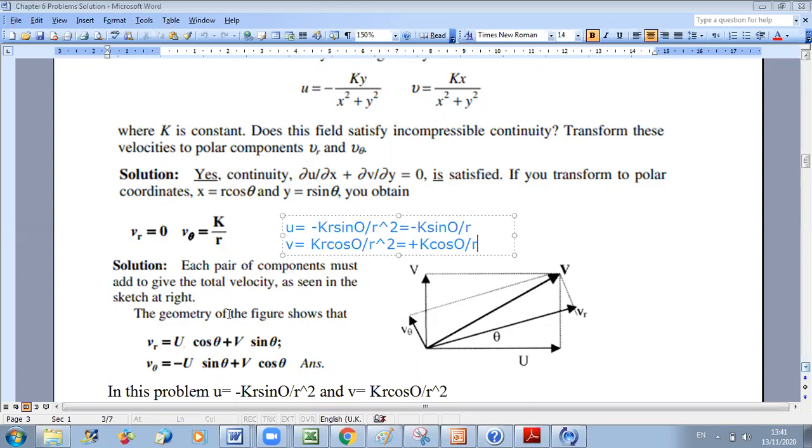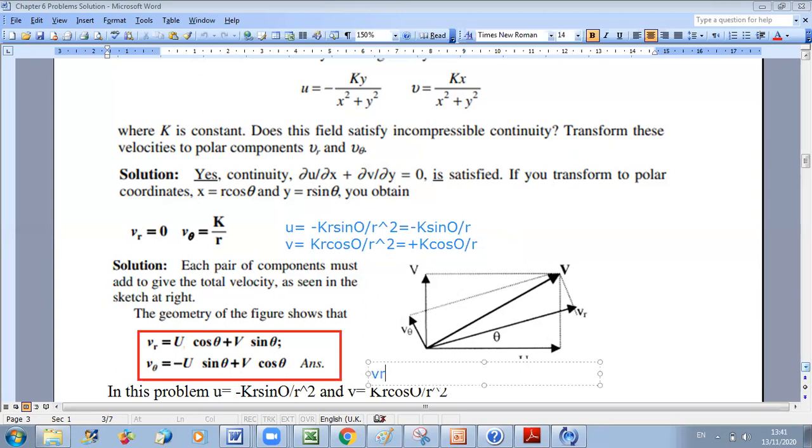The only remaining step is to project u and v in order to get the total component along v_r, and the total component along v_theta. So now I will use the following transformation to go from u, v in rectangular coordinates to v_r, v_theta in polar coordinates. Okay, so it's just a simple replacement. So let us do it. For v_r, it's equal to, what is the value of u? It's minus k sine theta over r.